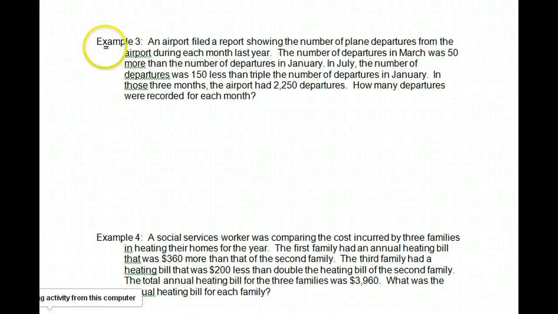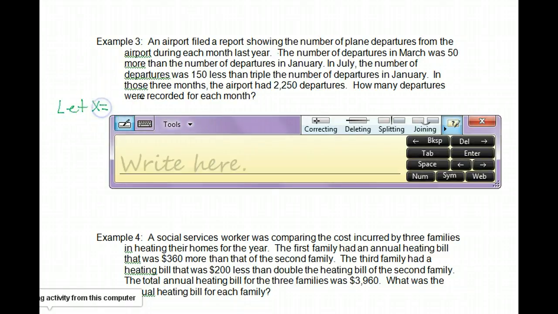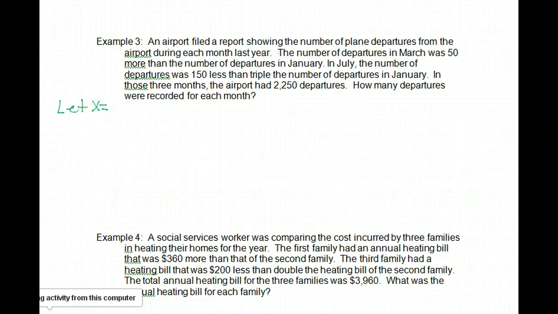Now, since the problem told us that March was dependent on January and July was also dependent on January, that should be an indication to us that we have to allow the month of January to be our independent variable.